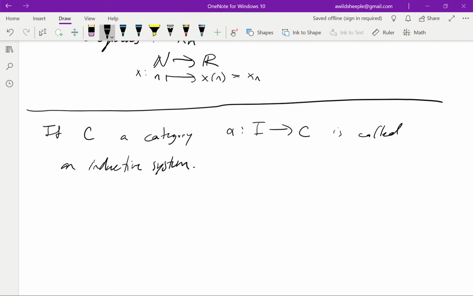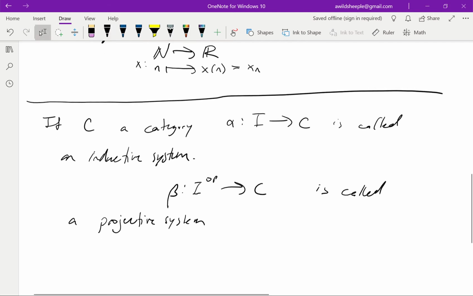And if we replace I with I op, so maybe we do beta from I op, then this will be completely the same. We call this a projective system. And if you've heard of this before, then I'll say some words later on in the video about what this has to do with the ordinary ideas of inductive or projective systems that you might be familiar with. Maybe you already see it, but I'll elaborate anyway.